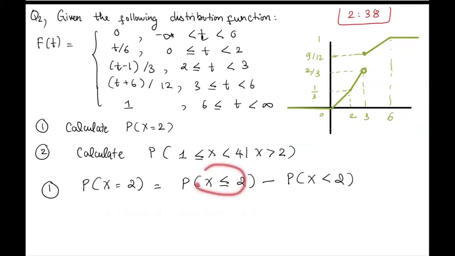Because when x is less than or equal to 2, it means x is less than 2 or x is equal to 2. So to calculate this quantity, you have to do subtraction. The first term corresponds to F of 2 by the definition of the distribution function. The second quantity corresponds to this.